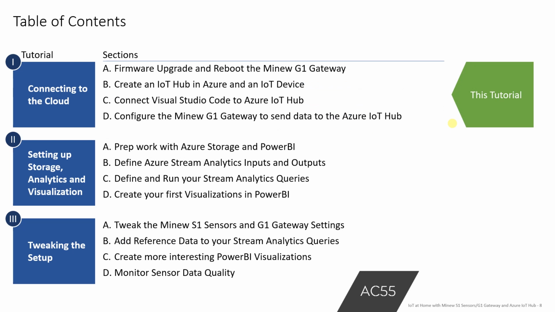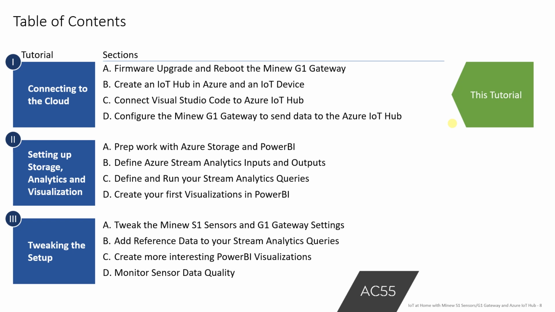Let me briefly talk you through the 4 sections of this first tutorial. In the first section, we'll upgrade the firmware and reboot the Minew G1 Gateway so that we have the latest and greatest firmware. Then we'll log into the Azure portal and create an IoT Hub and an IoT device and copy out a few connection strings we'll need to string the whole thing together.